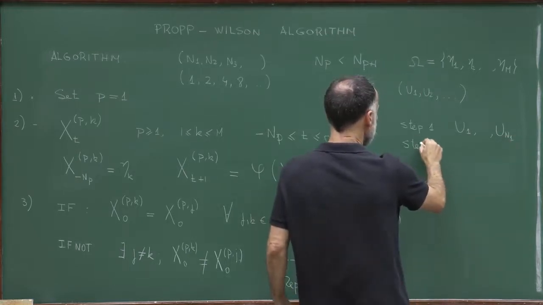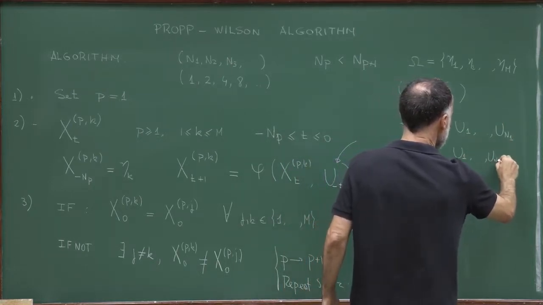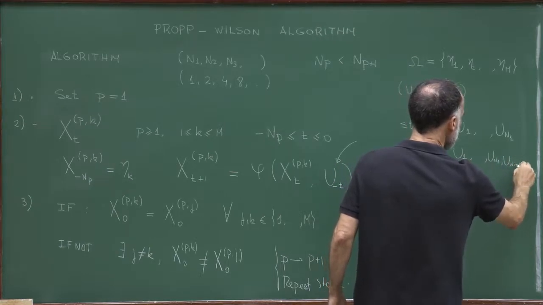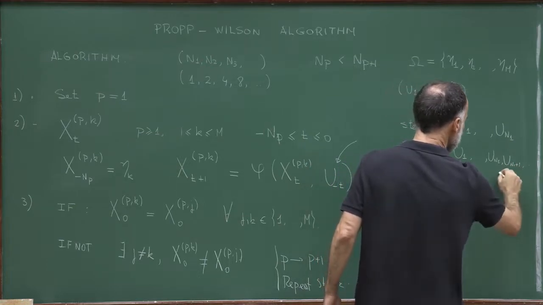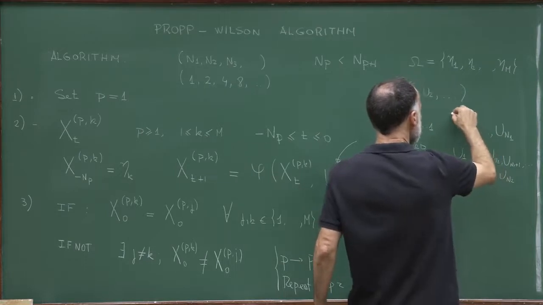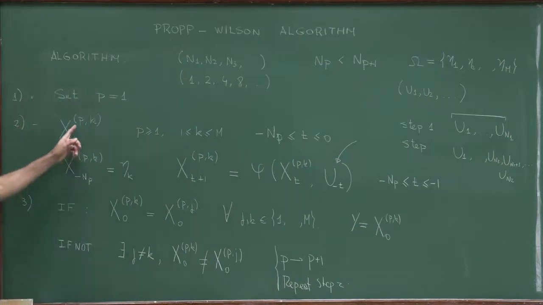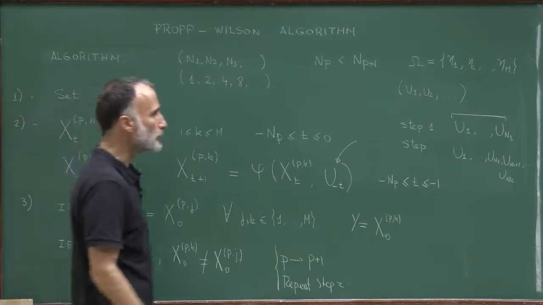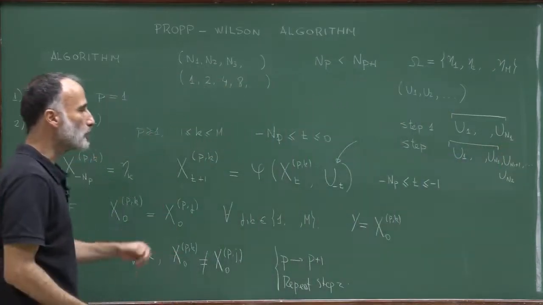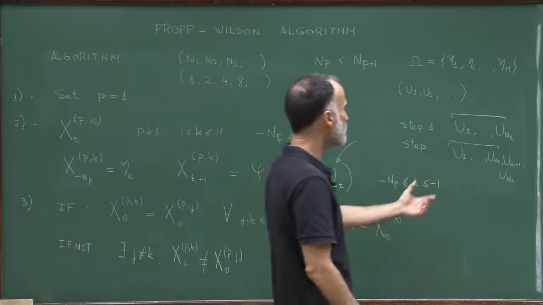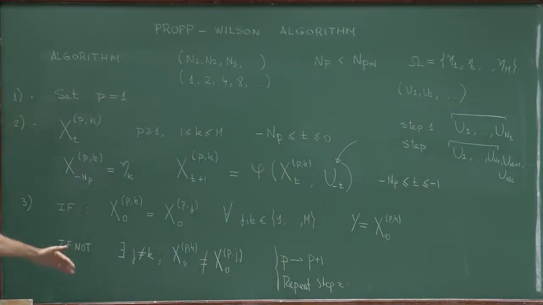Now in step 2, you will use the same random variables together with the ones going from u n1 plus 1 up to u n2. So what I want to stress here is that these random variables which were used to define the chain x1k are now used to define the chain x2k. You don't throw them away and use new random variables. You keep them and you use them in the definition of the second family. And you proceed as before.